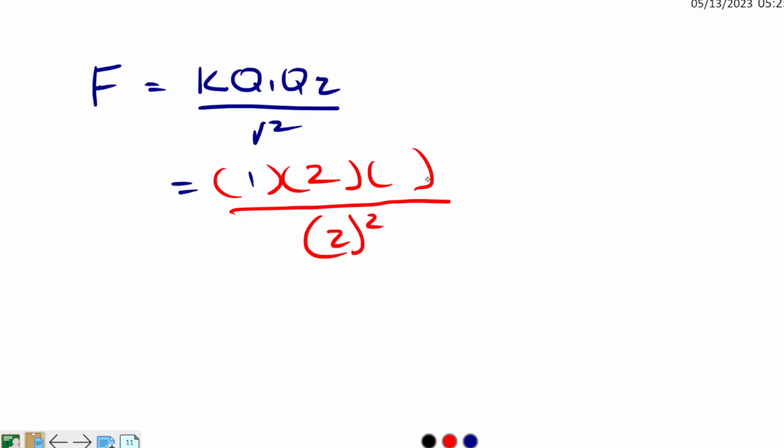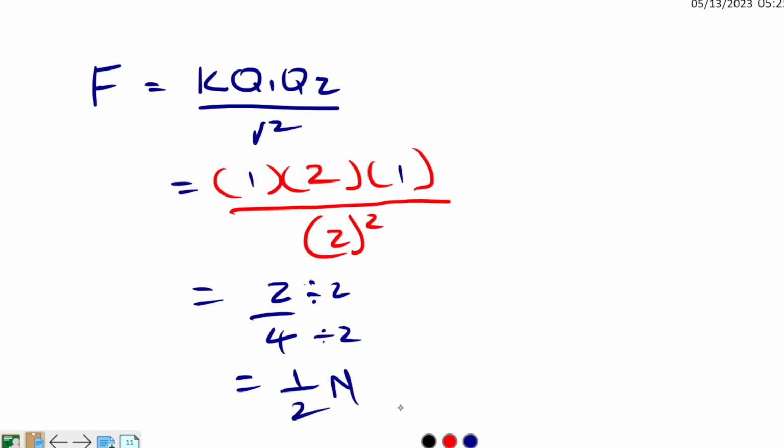Then I'm going to make everything else constant, like 1. So I'm going to have 1 times 2 times 2, that's 2, over 2 squared, that's 4. Simplify this fraction: 2 divided by 2 is 1, 4 divided by 2 is 2.